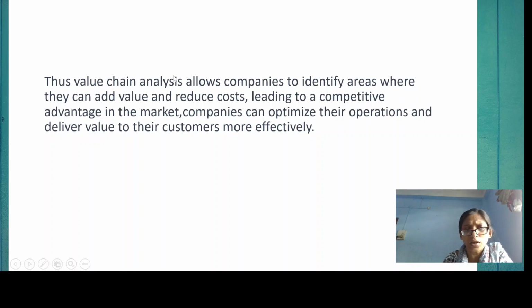Thus, value chain analysis overall allows companies to identify areas where they can add value and reduce costs, leading to a competitive advantage in the market. Companies can optimize their operations and deliver value to their customers more efficiently.